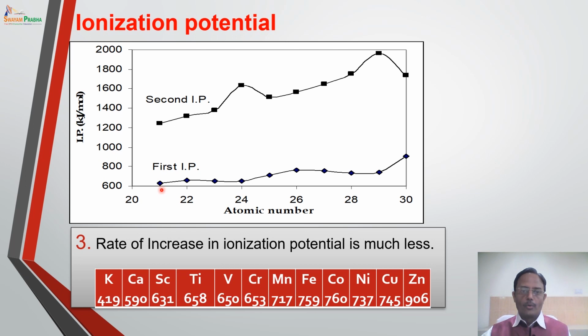So almost constant ionization potential from scandium to chromium, 631 to 653. Large increase in case of S block element, negligible increase in case of the D block elements. Then after that there is slight increase from chromium to copper and large increase in zinc.